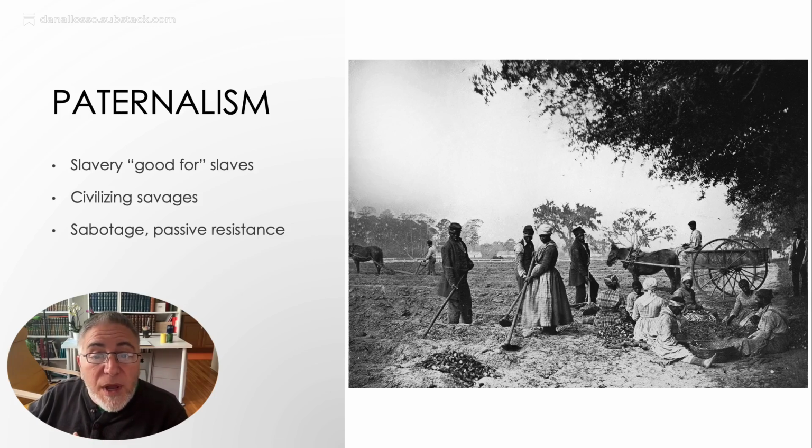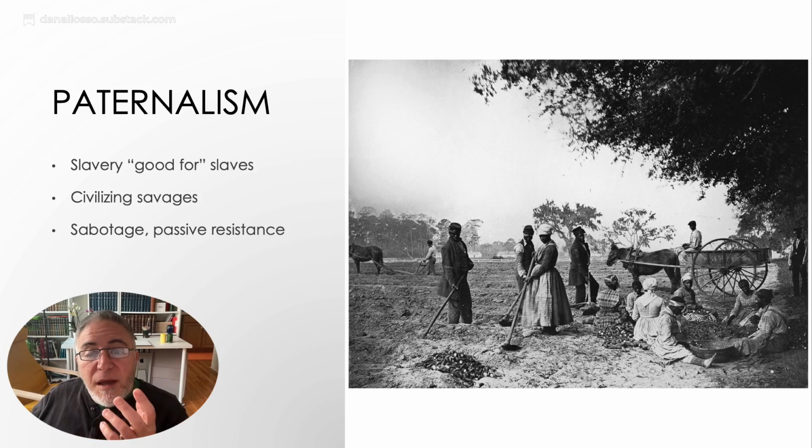Slaves could slow down the workday and could sabotage the system to some extent by accidentally breaking tools. A slaveholder who believed that his slaves were childlike or stupid might conclude that these incidents were accidents rather than resistance or rebellion. Some slaves, of course, engaged in more dramatic forms of resistance, such as poisoning slaveholders slowly.